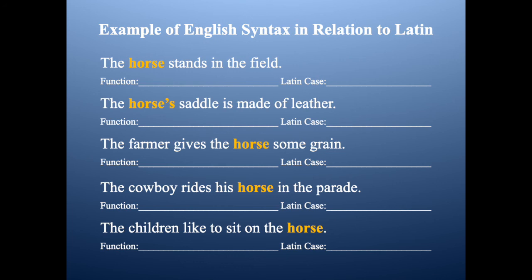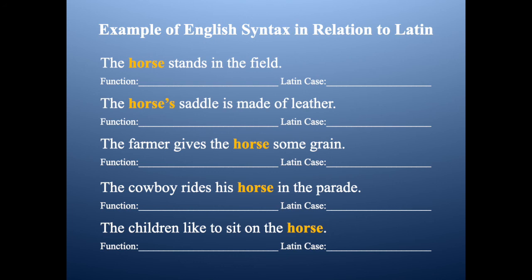In English, context is everything. The horse stands in the field cannot be switched around to say the field stands in the horse. You change the entire meaning. So what you have are two different language structures that we, and this is my emphasis, translate back and forth between each other and learn the details of both of them well.